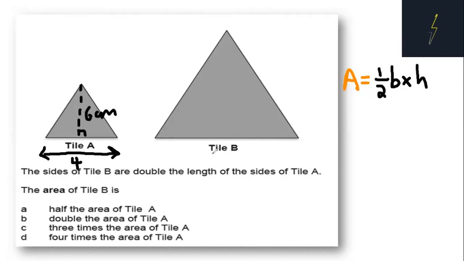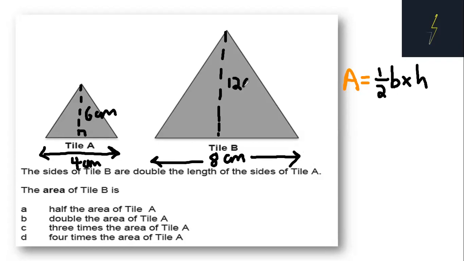So rather than having 4 centimeters, what would we have for a base for tile B? If I double 4, what would I get? 8. Very good. And then the perpendicular height would have been not 6, but what? 12 centimeters.